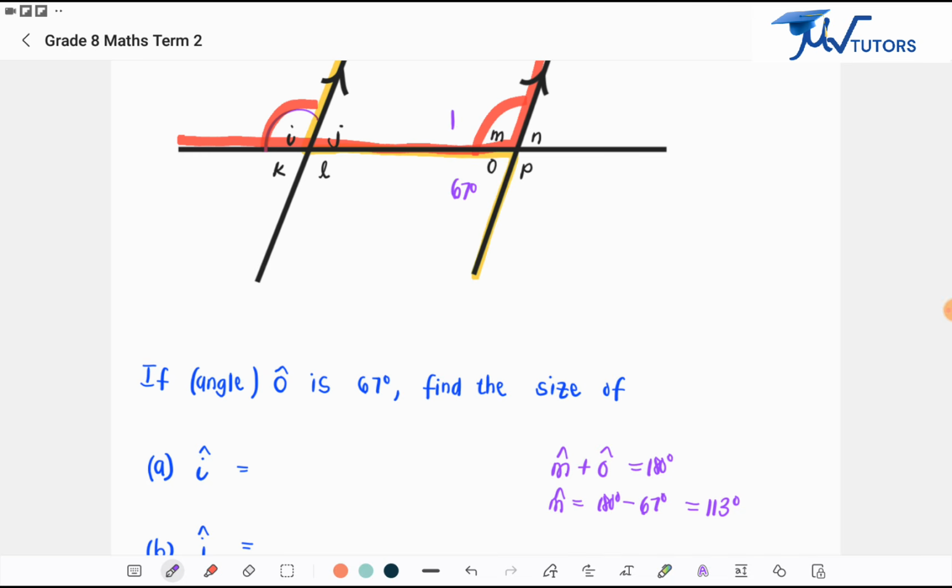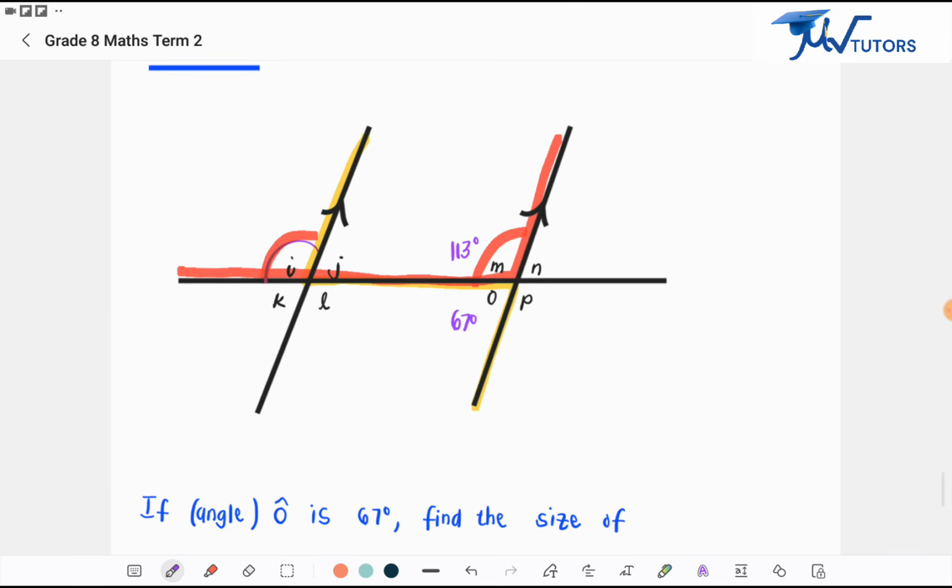If I have M, which is 113, then I can go on to say I and M are equal. Am I going to give reasons? Yeah, let's give reasons. M and O are equal to 180 degrees, and that's angles on a straight line. Then I would be equal to M. Why? Because those are corresponding angles, and I need to state which lines are parallel.